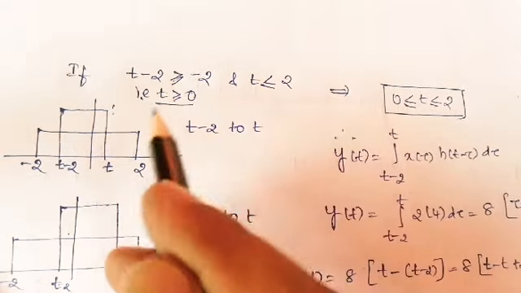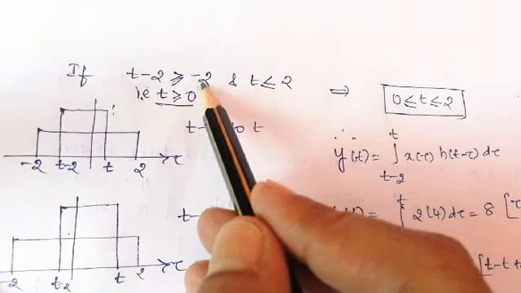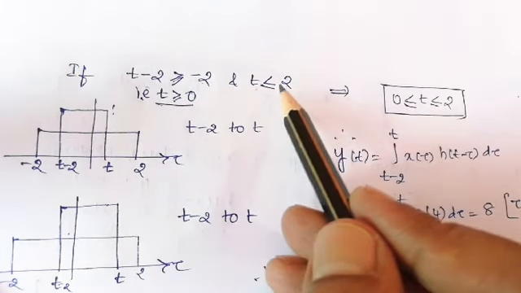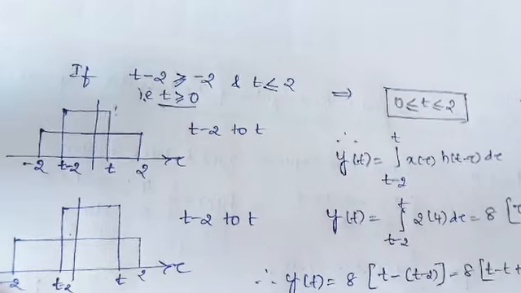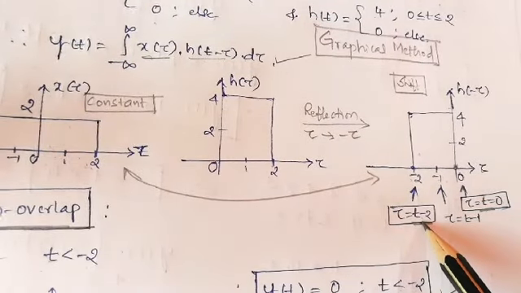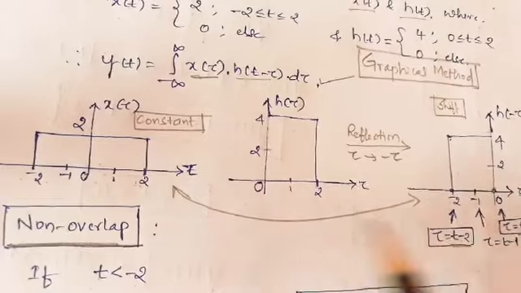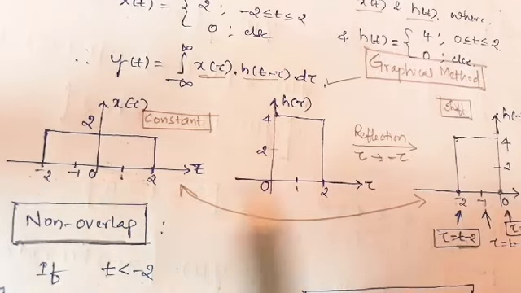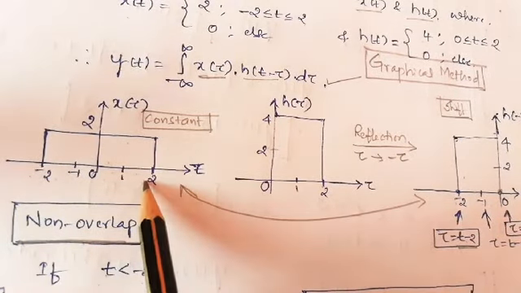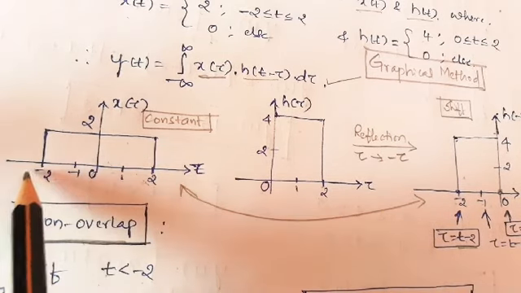Second case: if t minus 2 is greater than or equal to minus 2 and t is less than or equal to 2. Let's see. If t minus 2 is greater than or equal to minus 2 and t is less than 2, that is exactly taking the signal and fitting it inside these two durations.